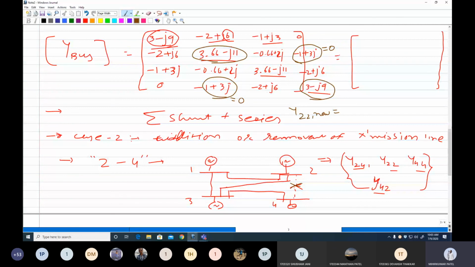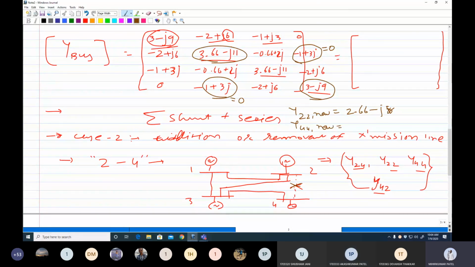Yes, just remove the value of Y24 from this diagonal element. So the answer is 2.66 minus j8. Yes, j8, very good. Same way, what is the change in Y44?